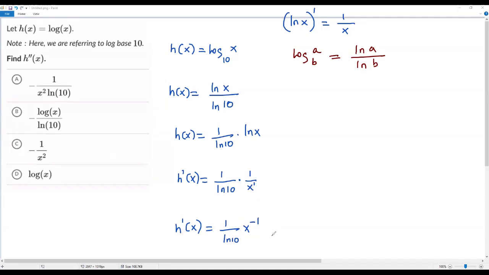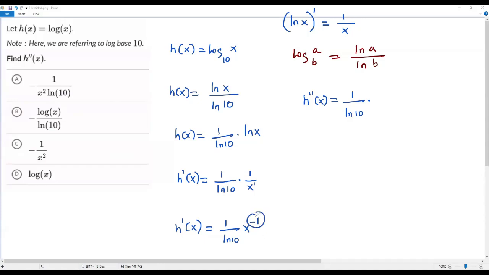Okay, now let's find the second order derivative of the given function. So already we have h prime of x. Now let me find h double prime of x equals, again, so here we have a constant multiplied by the variable. Since we find the derivative, we have to keep the constant as it is, 1 over ln 10. So when I find the derivative of this x to the negative first power, I can use the power rule of derivative.